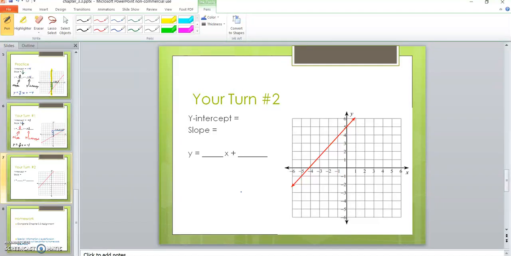Alright. So we follow this line. We see that it crosses at the 5. Now for our slope, we need to figure out another dot. Right there. So we make our triangle, and we count up. 1, 2, 3, 4, 5, 6.